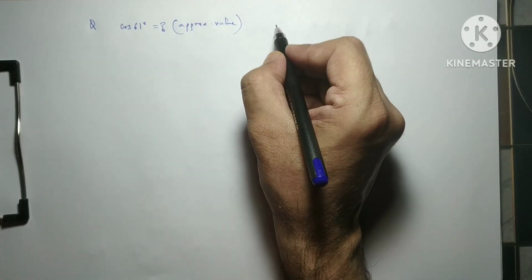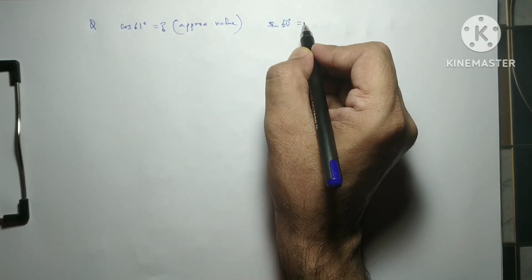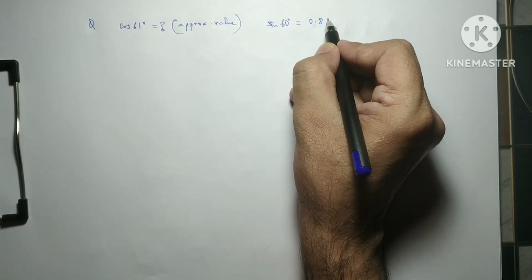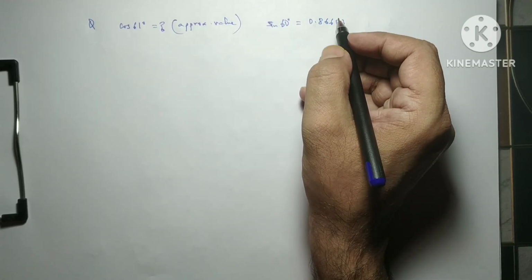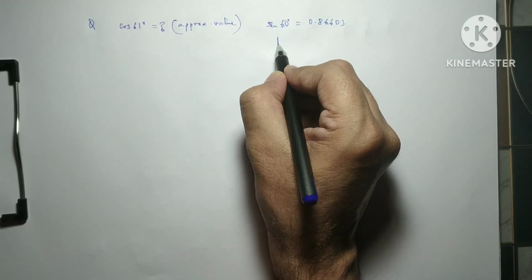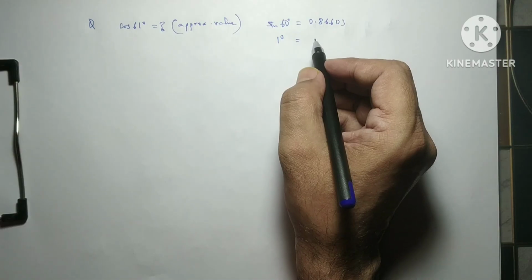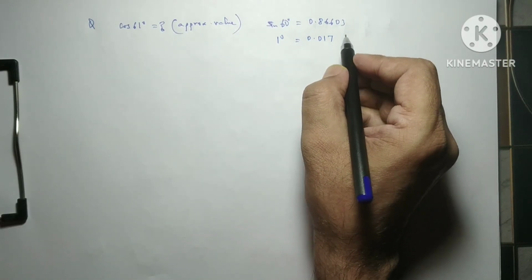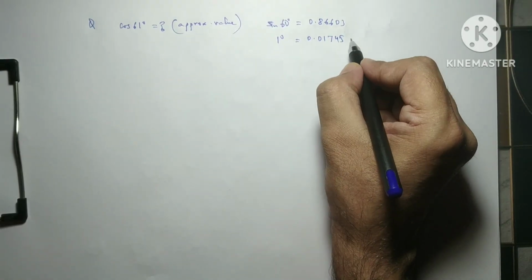And the given is sin 60 degree, which is 0.86603, and 1 degree is 0.01745 radian.